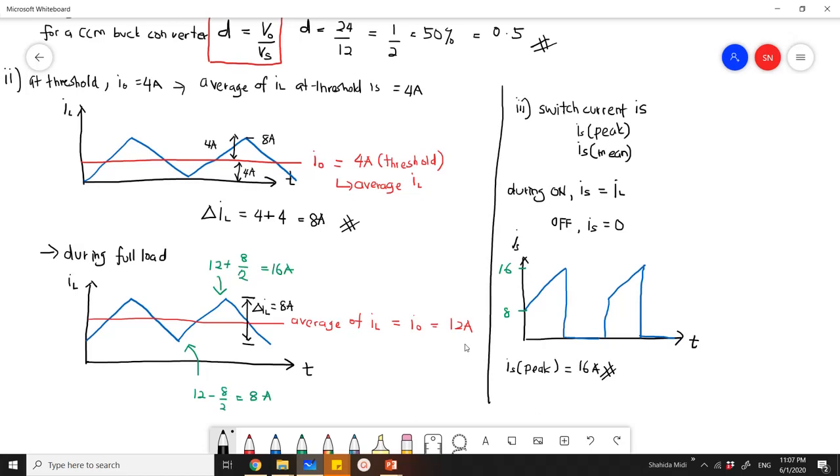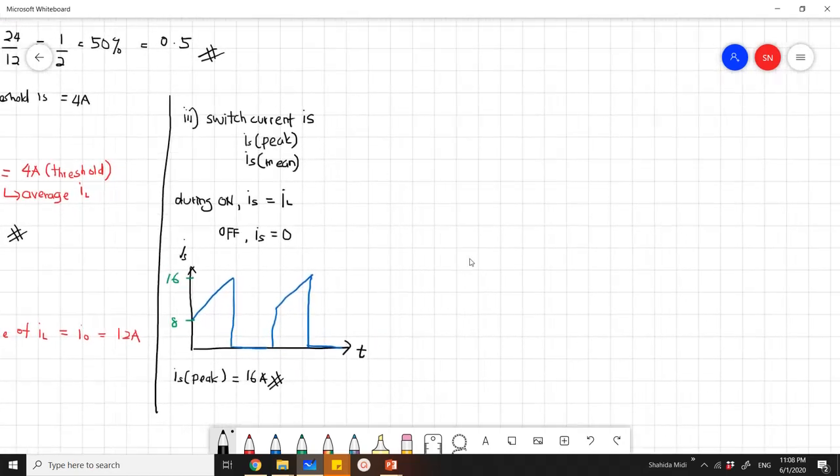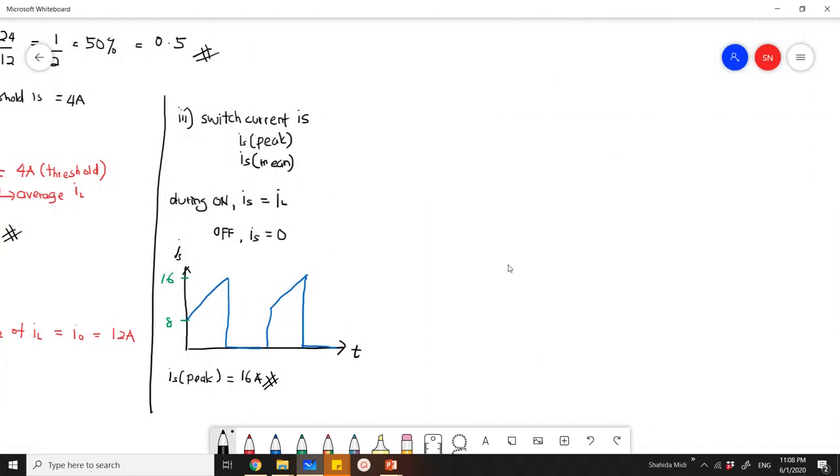Now that we have the waveform, we can also find the mean value for the IS. So the mean value we can obtain by calculating the area below the graph.